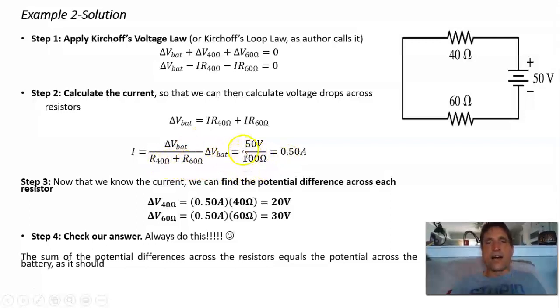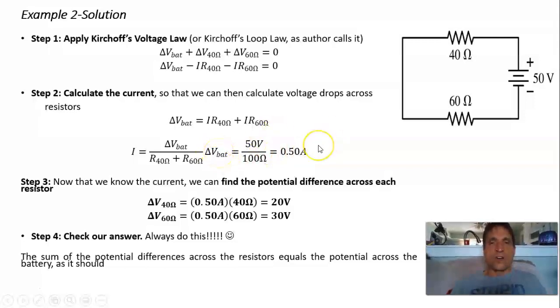Let me fix this. So I is equal to the battery voltage divided by 100 ohms, which is equal to 0.5 amps. So I screwed this one up. Ignore this delta V battery here. I need to get rid of it.